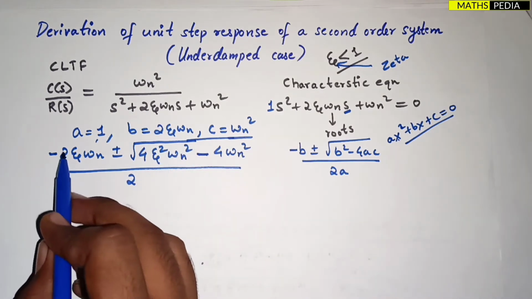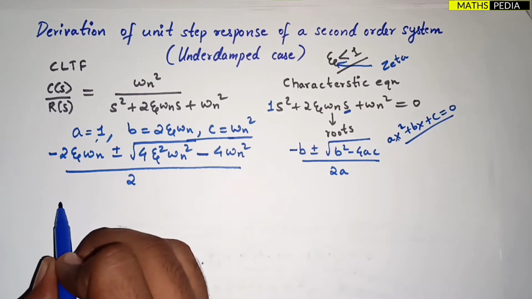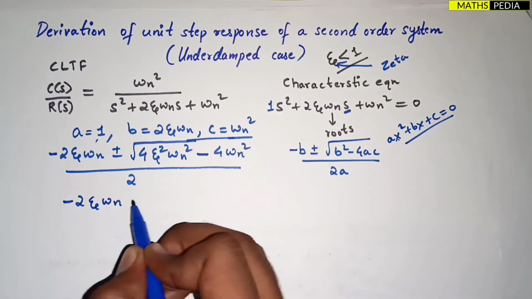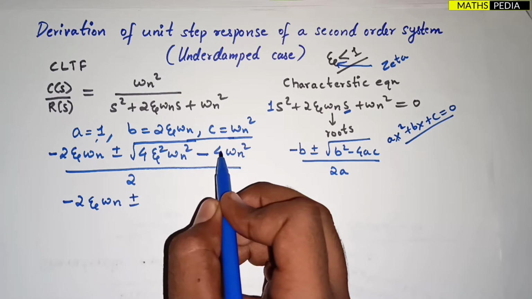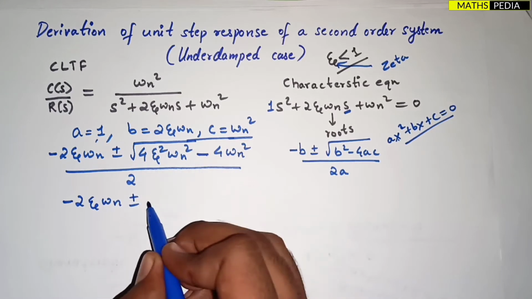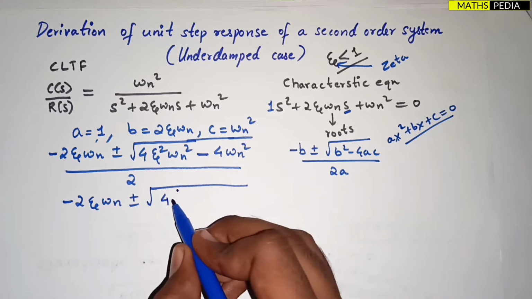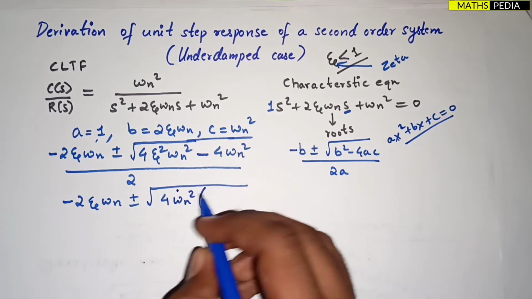So what I can do is take 2 outside, so minus 2 zeta omega n plus or minus, from this can I take 4 common? Okay, I'll just write it. 4 is common for both, as well as omega n square is common. So what is remaining?